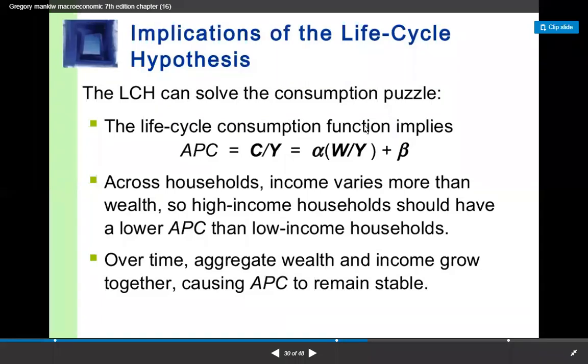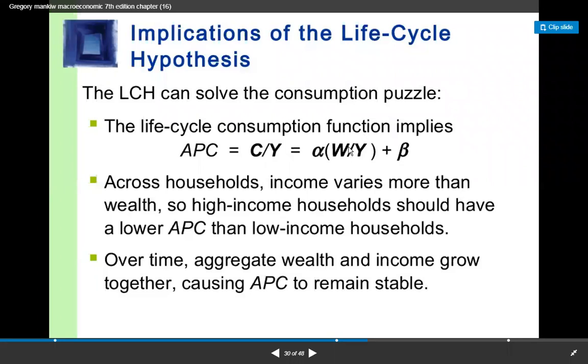Roughly, both W and Y, for poor and rich households, both have the together increments in wealth and income. It causes stable APC.